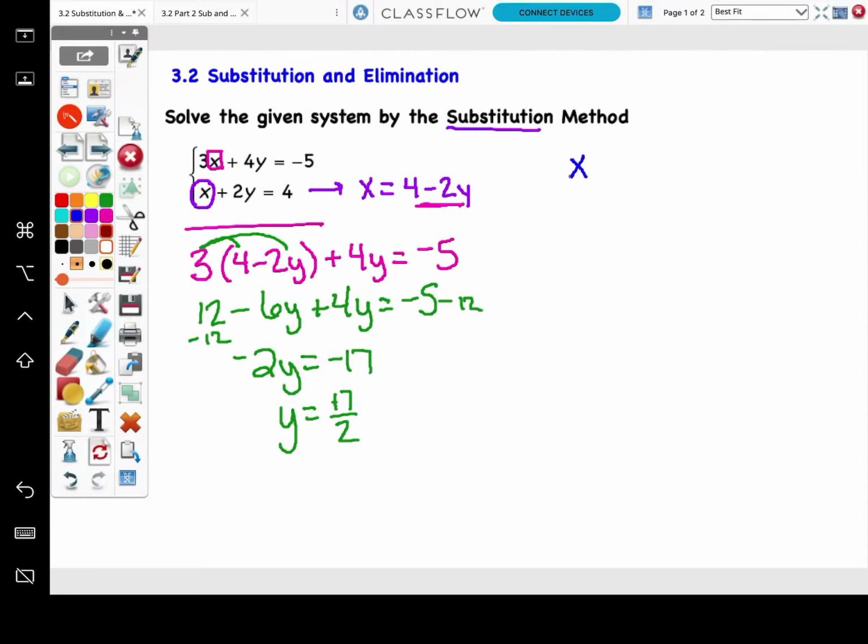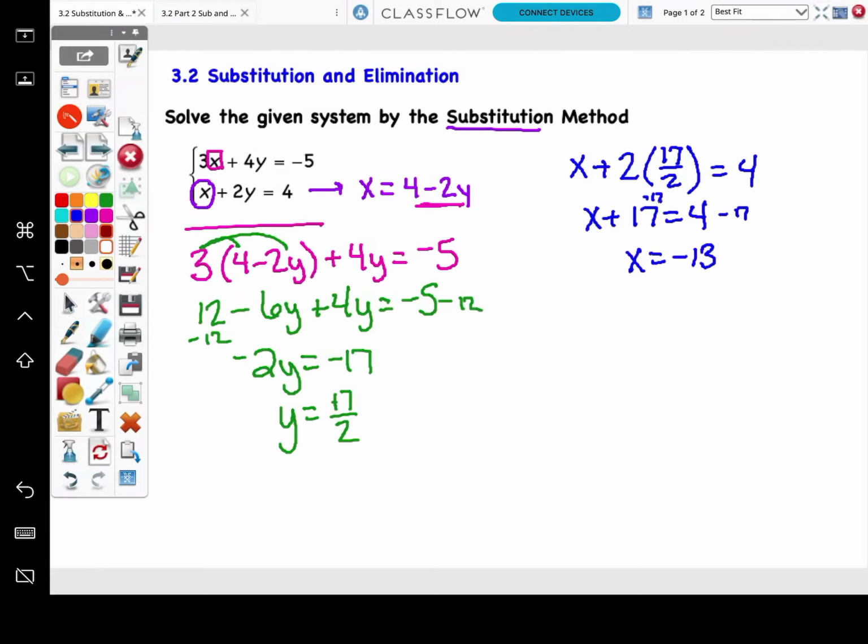Now, this is only half the solution, right? We still need to know x. So I'm going to go back up here and say x plus 2 times that y value. Notice I'm using an original equation just in case I messed up somewhere. In solving, I want to use an original. So I'm going to have x plus 17 is equal to 4.